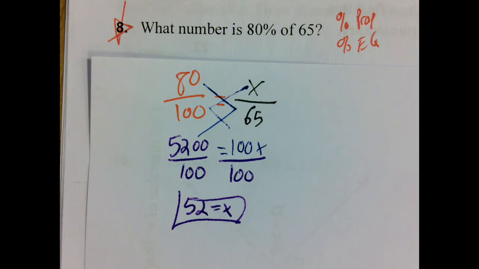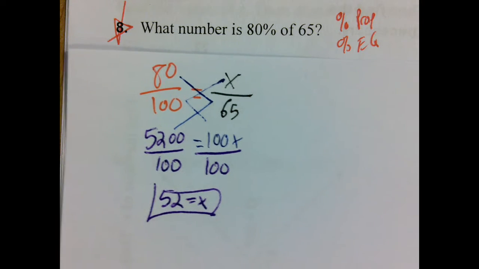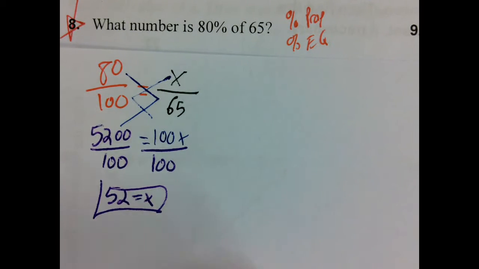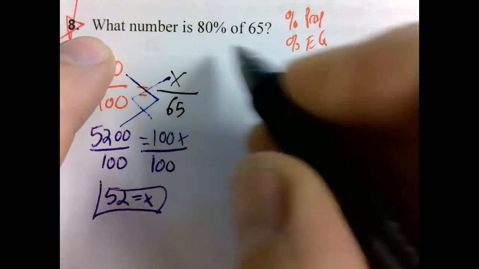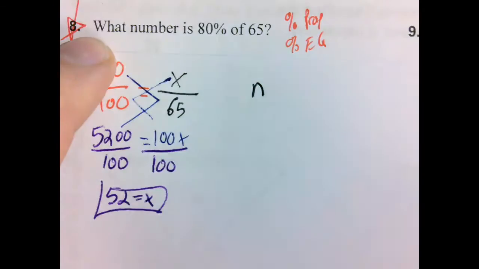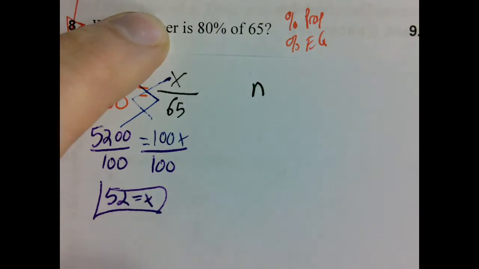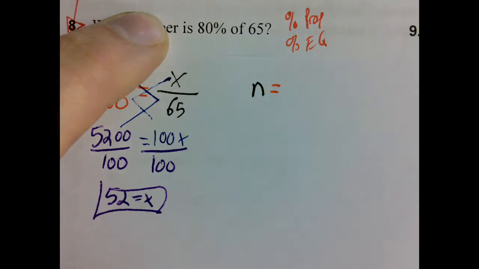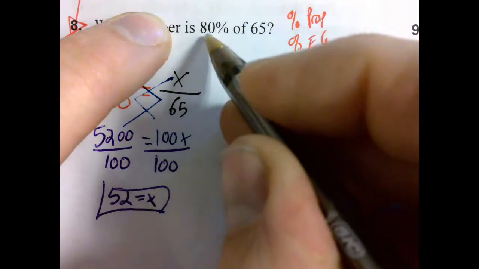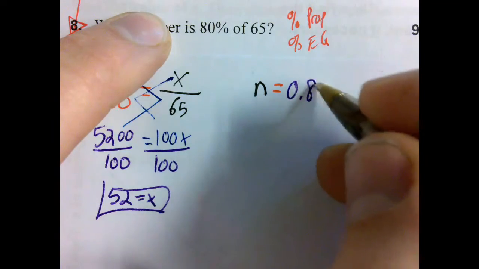Now, right away, second hour said, well, Mr. Walls, you can just multiply those and be done, right? Yeah. This is one method. If you like that, great. If not, my method, I like the percent equation, where it says what number, so I put down the letter N, the word "is" meaning equals. Please remember you must move the decimal twice, so don't write down 80%, go bump, bump, 0.80.